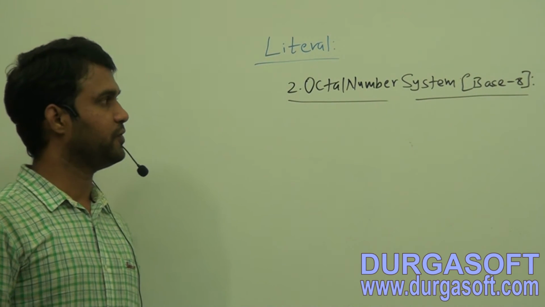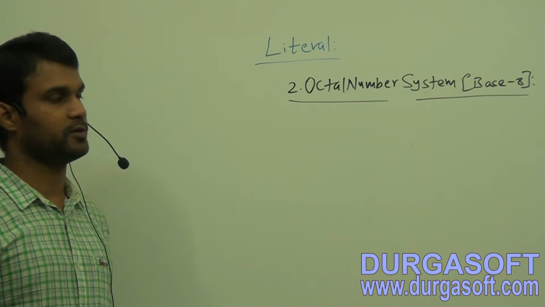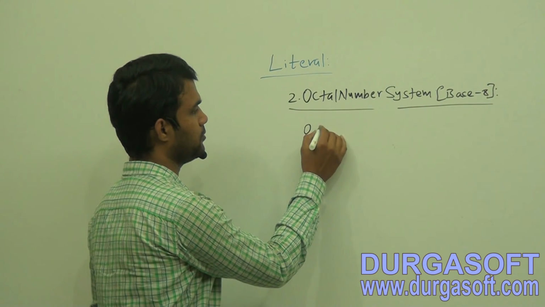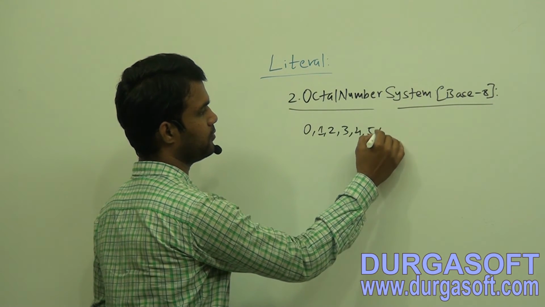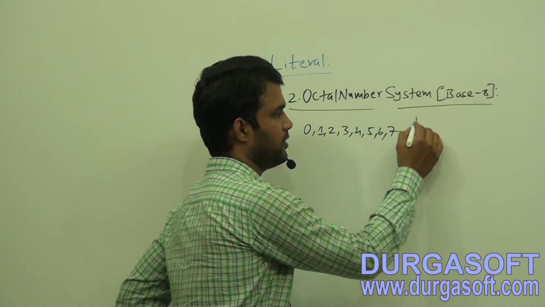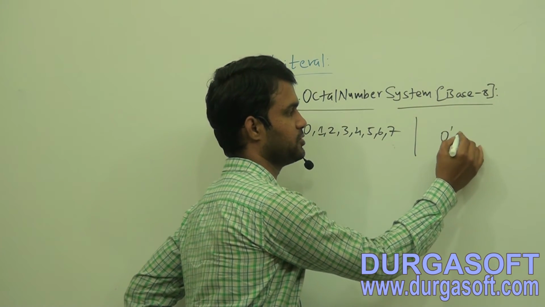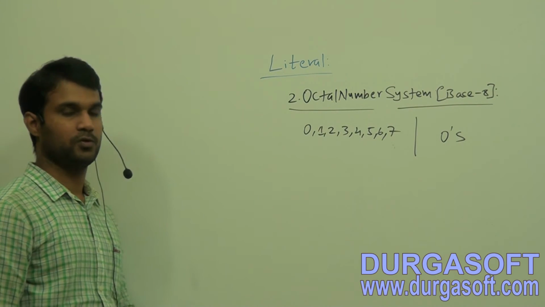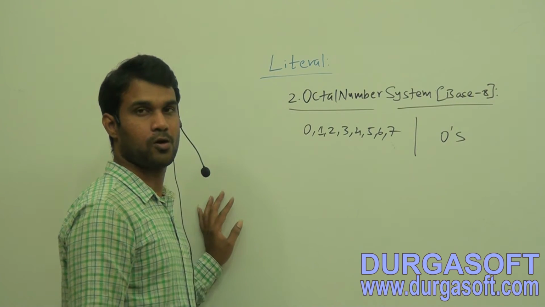If you want to represent a number in the octal number system, then we have to prepare the number by using the symbols 0, 1, 2, 3, 4, 5, 6 and 7, and it should be prefixed with zero. Prefix means it has to start with, so compulsorily the number has to start with 0.